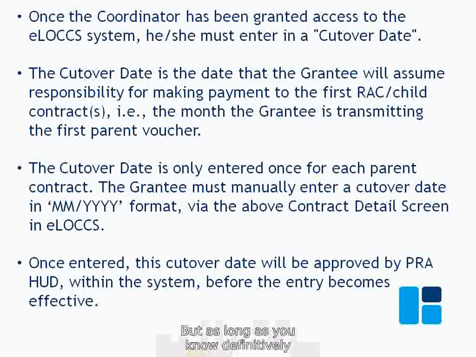But as long as you know definitively that you're going to be transmitting parent vouchers within the next 3 months, whatever the first month is in terms of your first planned voucher month for a parent voucher, you'll enter in that month and year.